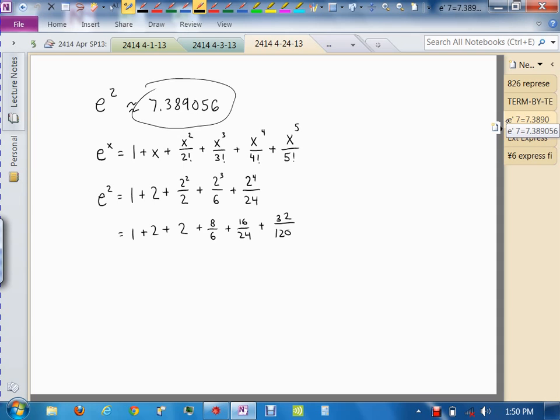I said, hey, get e squared on your calculator. And I said, okay, if I told you that e to the x was this, check on your calculator that this gets close to that, right? Where does this come from? We actually have a way of figuring it out now ourselves. We can come up with the power series for functions now using Taylor's formula. And that's what we're going to do.